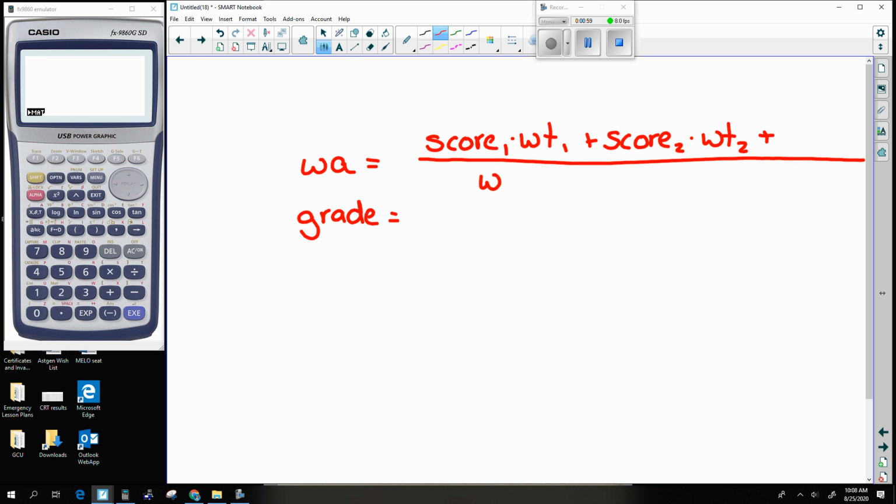And then you just divide by just the weights, again, of just the categories that are fulfilled. So if you didn't take the final, don't include it in the calculation. Okay, so the scores and the weights divided by just the weights.